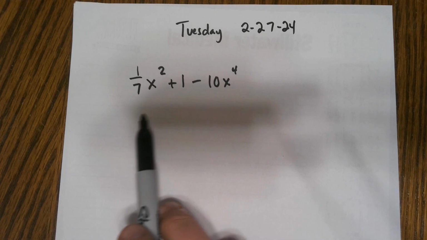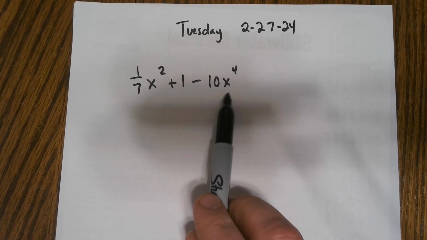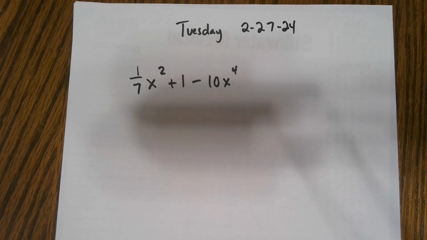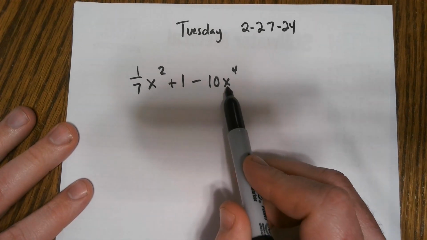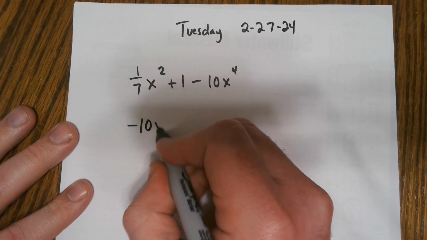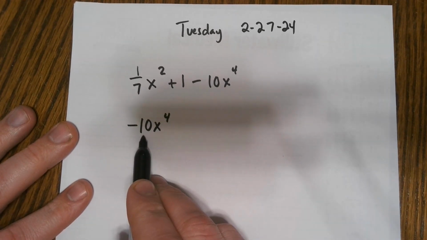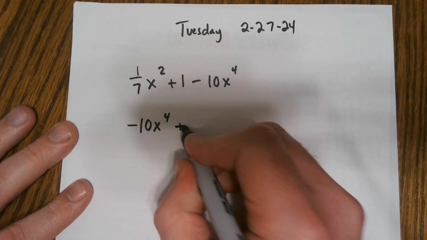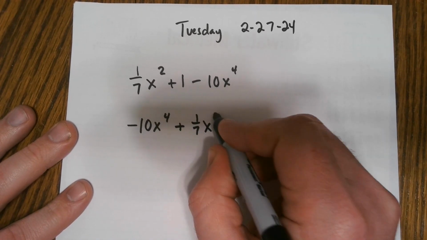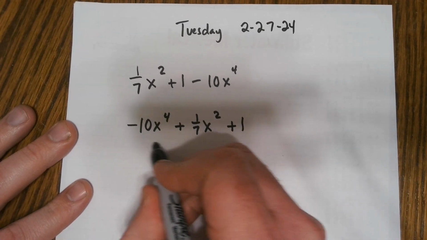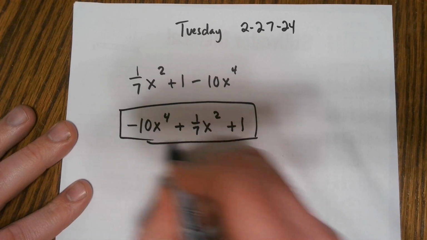So we would order the terms so that the term with the highest exponent is first and the term with the lowest exponent is last. In this case, x to the 4th is our highest exponent, so we would have negative 10x to the 4th first, and then positive 1/7 x squared, and finally plus 1. And then this would be my answer.